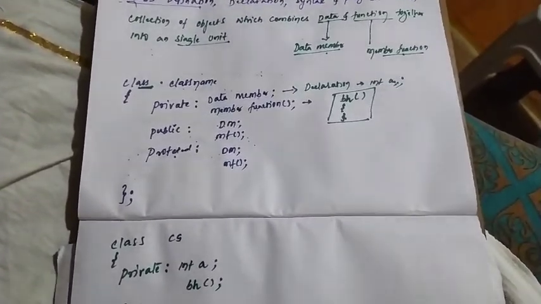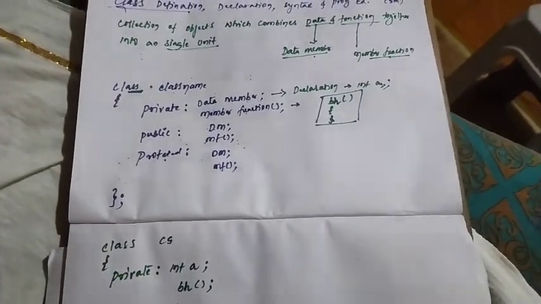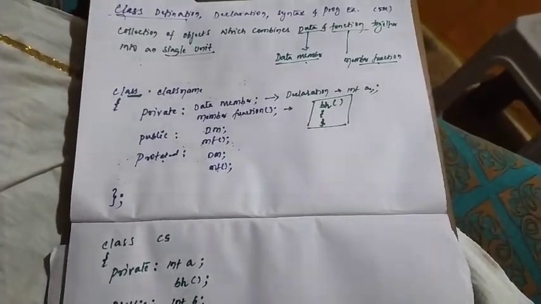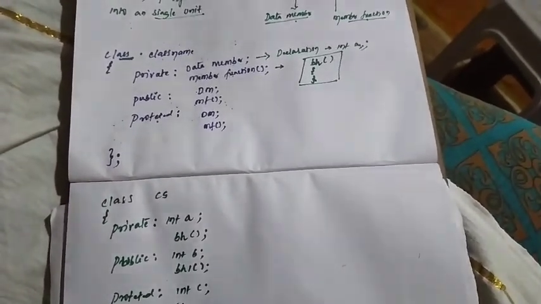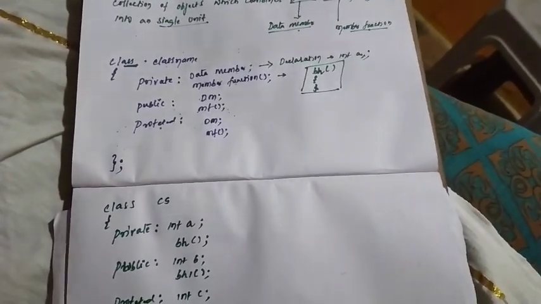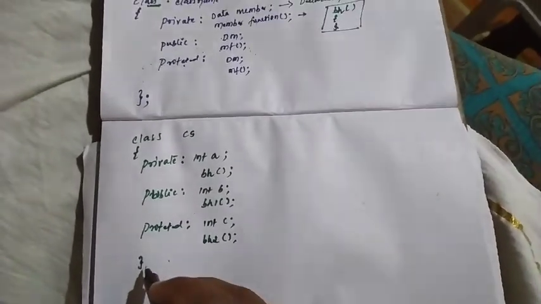Public, int b I will write here, bh1 here. Why have I taken bh1? Because function names should not be the same. For that reason, protected, I will write int c, bh2, and the class block closes with the semicolon.